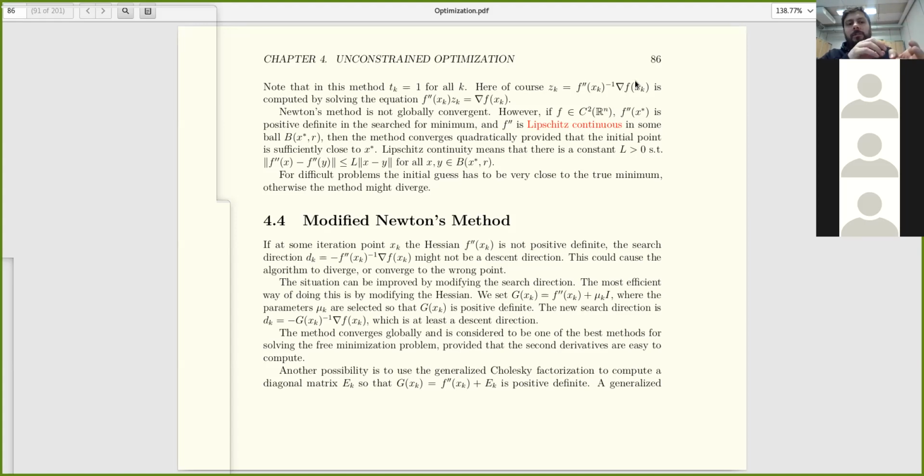there is a limit to how rapidly the Hessian changes with respect to moving from one point to another. Think of it as the Lipschitz continuity saying that there is some kind of a limit as to what can happen to the Hessian.